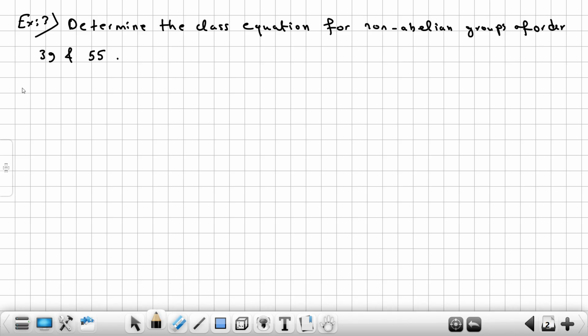We will start with the groups of order 39. So solution: G is non-abelian and the order of G is equal to 39, which is 3 times 13.